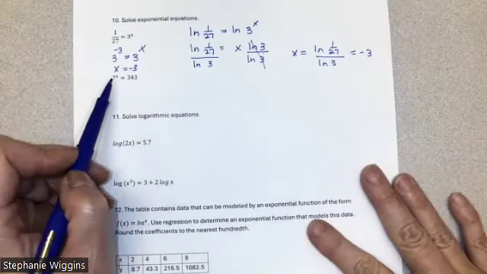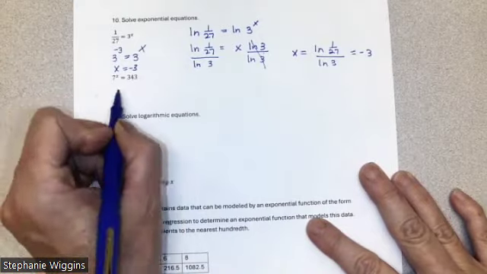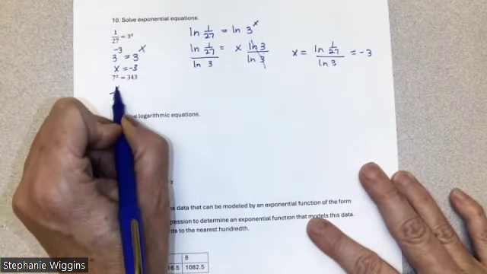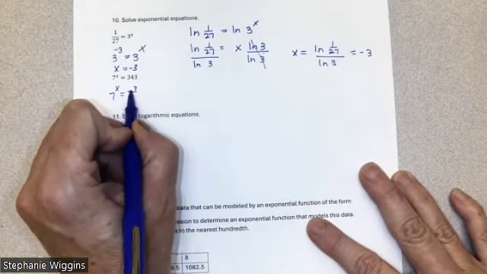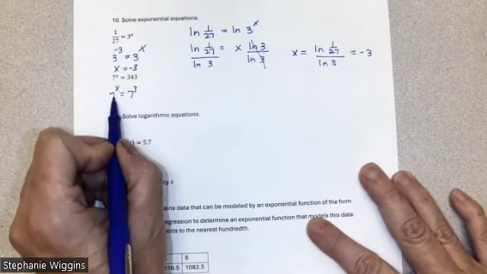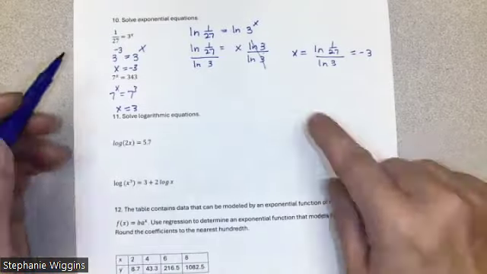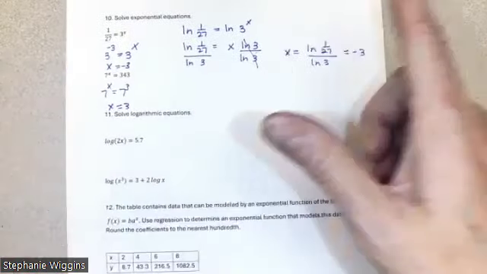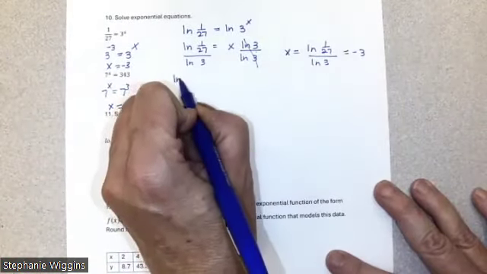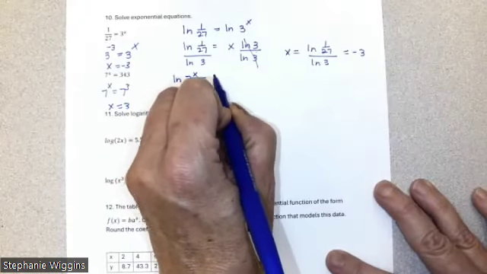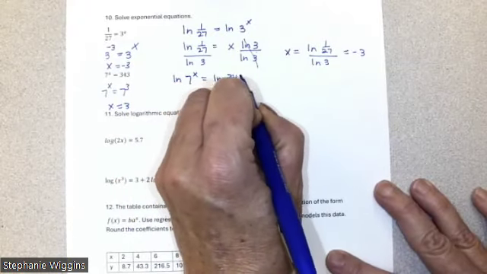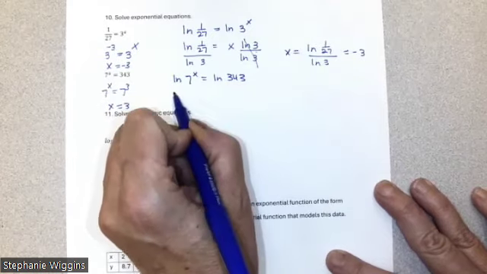So the next one, same thing. 343 is 7 cubed, and so the bases match, so you can see x equals 3. Or again, you can use this method, take the natural log of both sides. And the x comes out front.